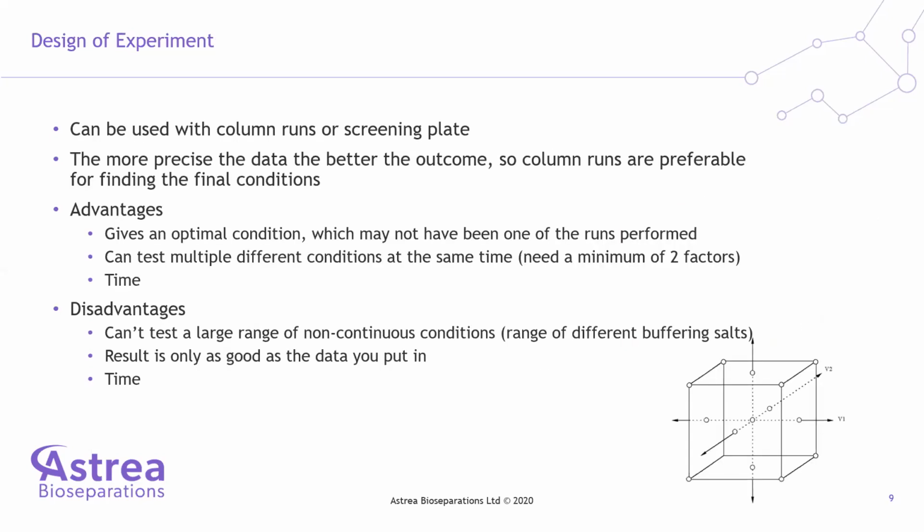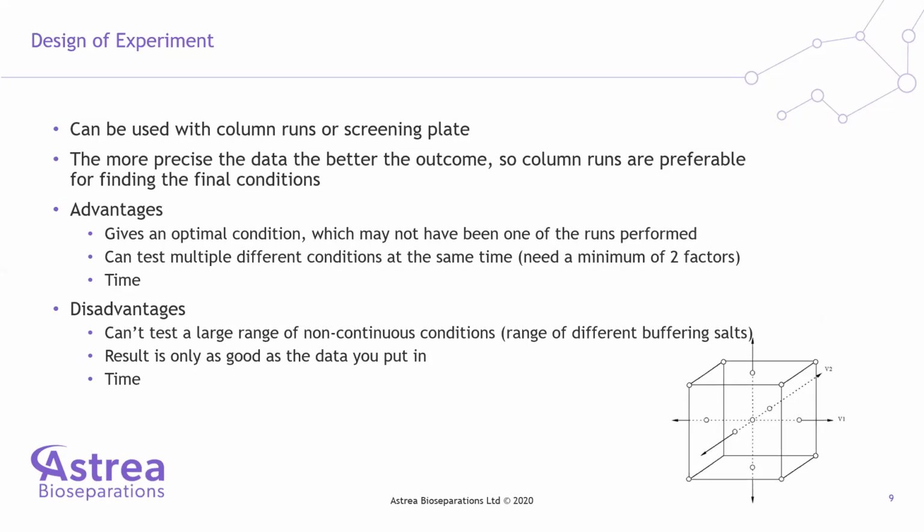Final tool that I'm going to talk to you about is the design of experiment software. So this is a piece of software where you can tell it what continuous conditions you want to investigate, and you need at least two. So continuous conditions are linear ones like time, pH, conductivity. Here we tell the software the limits to which we want to test, and it helps us to design an experiment, and will give us a number of column runs that we need to go and perform.